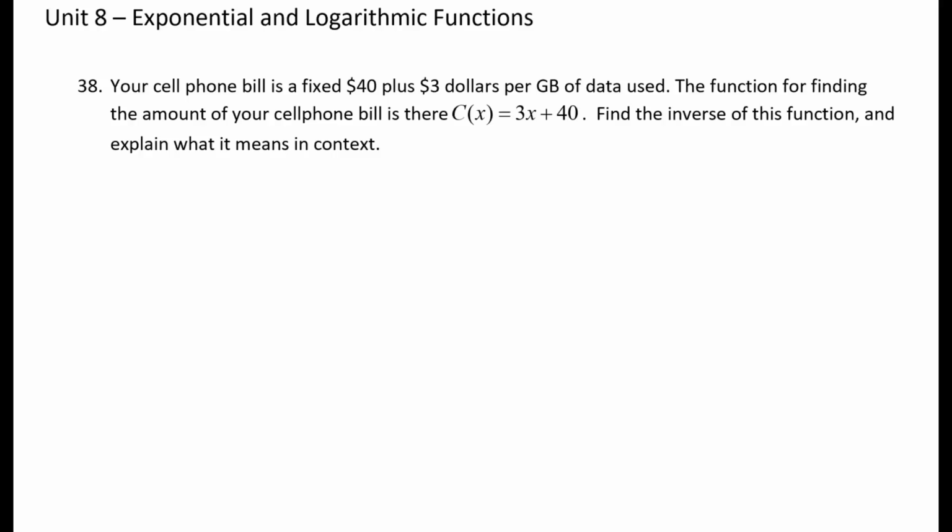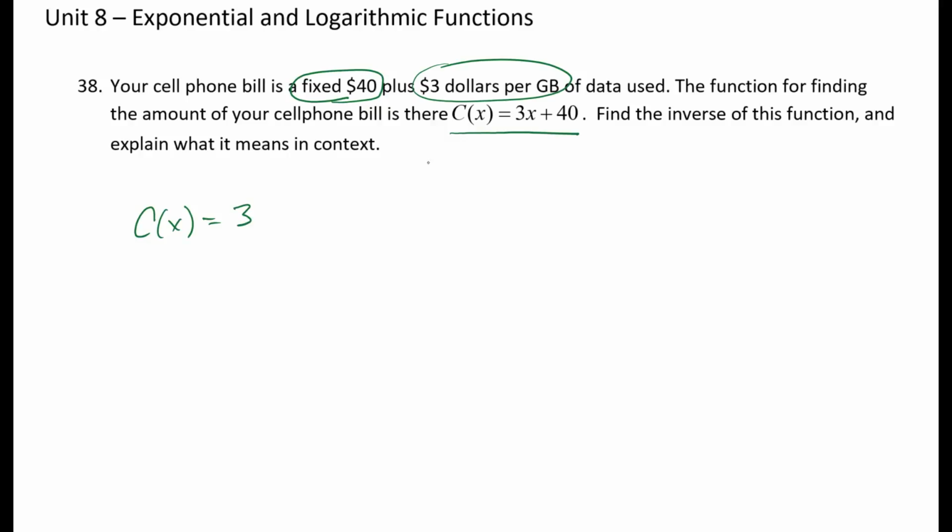Okay, last problem here. This is just trying to put some inverse questions in context. So this is saying our cell phone bill is a fixed $40. And so that's your per line charge, plus you pay $3 per gigabyte of data used. I probably didn't need to give you the function here, but just in case, this is what this function represents.